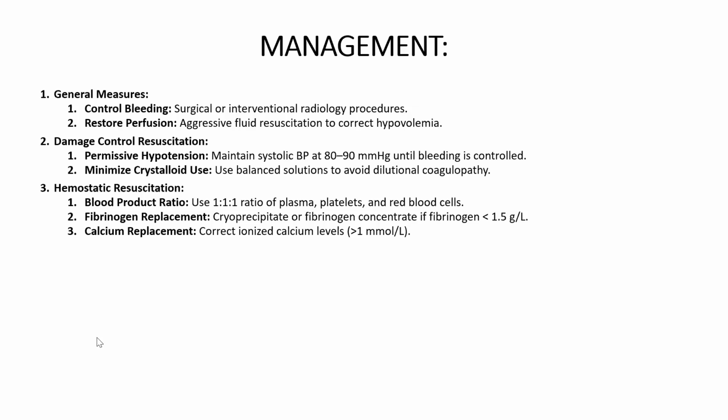For calcium correction, whenever you give 4 to 5 bags of blood product, be it RBCs, platelets, or FFPs, you need to replace calcium. The target would be an ionized calcium level of usually more than 1 millimole per liter. I will be discussing specific targets in the session on massive transfusion protocol.